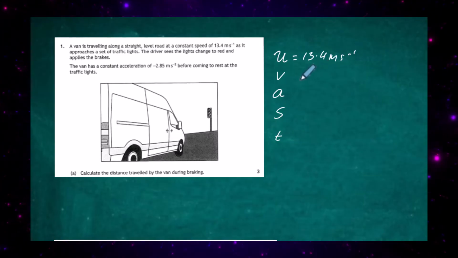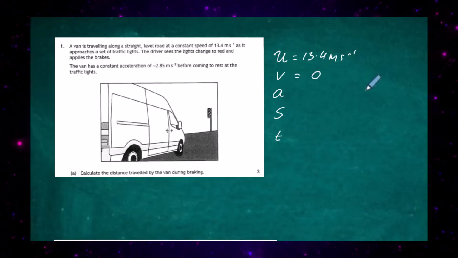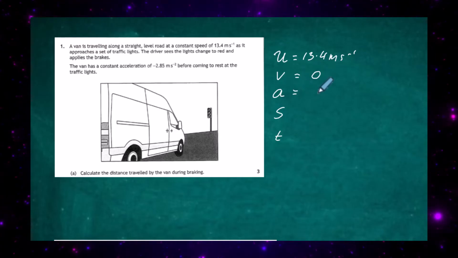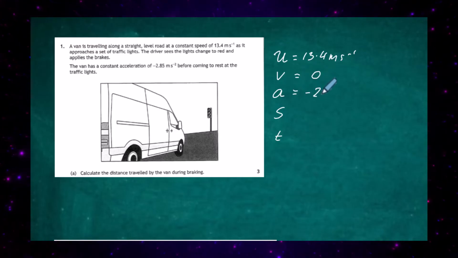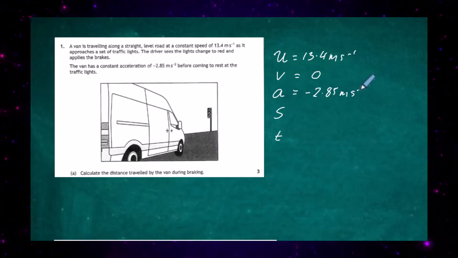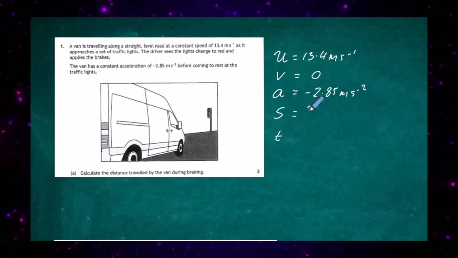The final velocity has to be 0 because it came to a rest. The acceleration is negative because it's coming to a rest, with a value of minus 2.85 metres per second every second. And our job is to find the displacement.